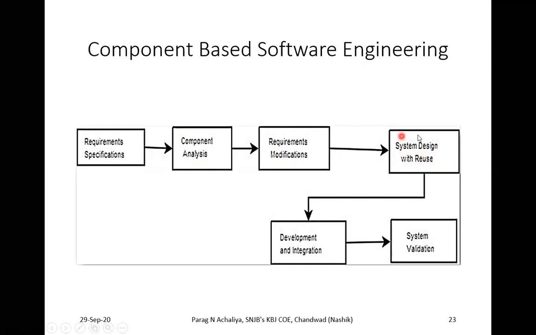Once the system gets redesigned, the development process will start and it will be integrated at the customer end. The customer will validate the system by giving different inputs and checking the output. And on the basis of this output, they will decide whether there is a need for requirement specification or not.